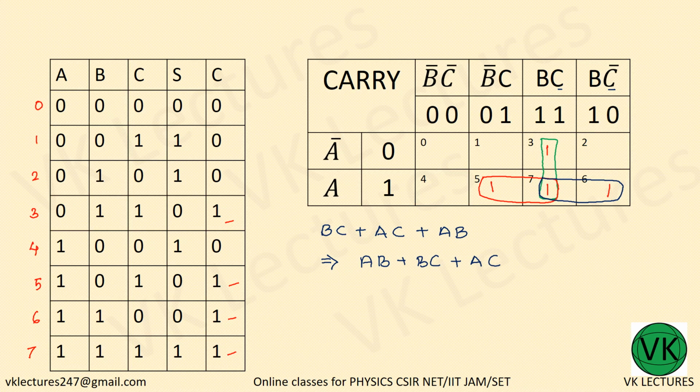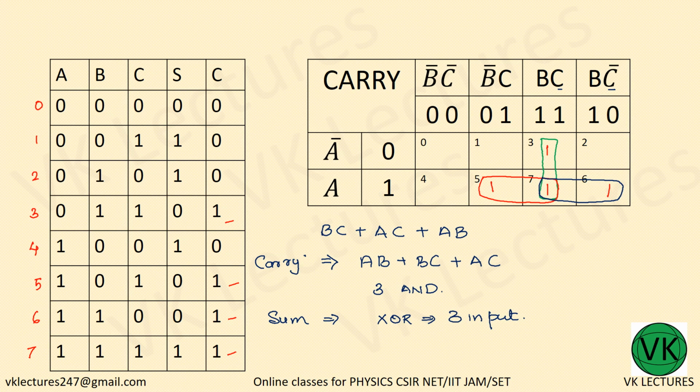So the carry is a sum of products of AB, BC and AC, which means you need 3 AND gates. And for sum, we have seen we need an XOR gate with 3 inputs.